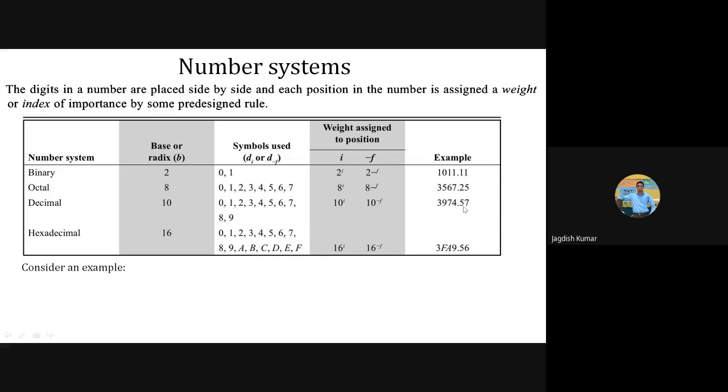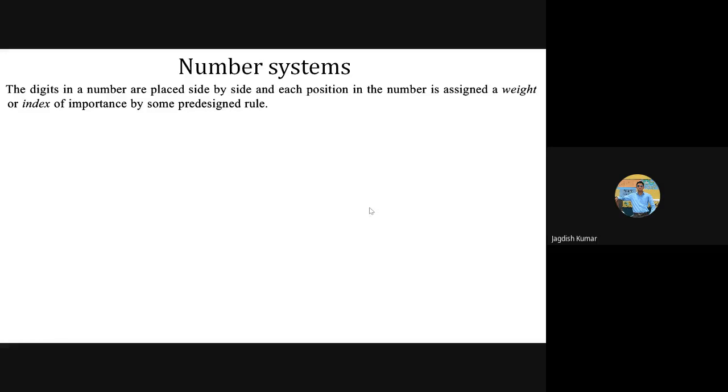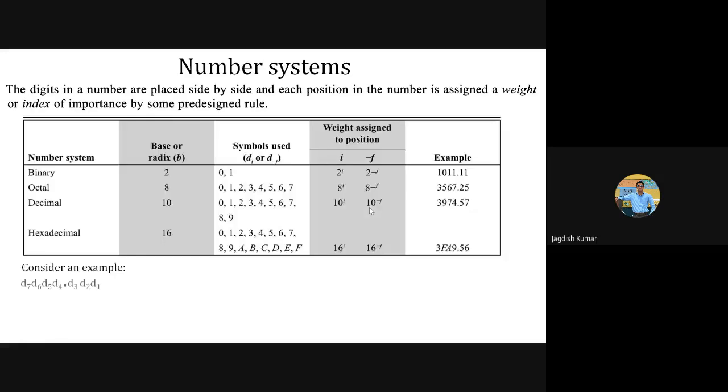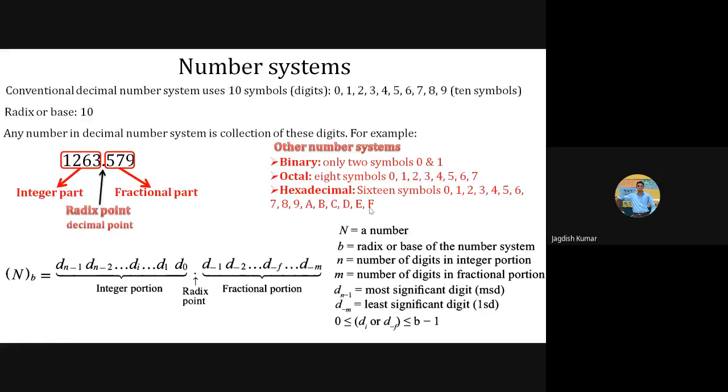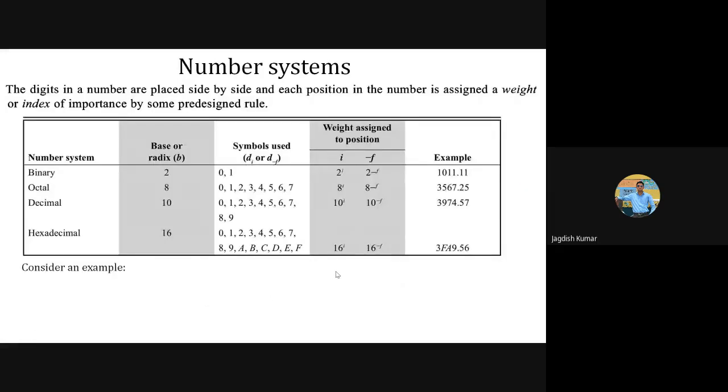Similarly, if you talk about 5, this is the weight for the fractional part. So f is equal to 1. If you come here, again, let me go back to the previous one. Yeah. If you come here, this is representing the value of f, like -1, -2, -3, and so on, in general, minus f. So in this case, f is equal to 1 for 5.